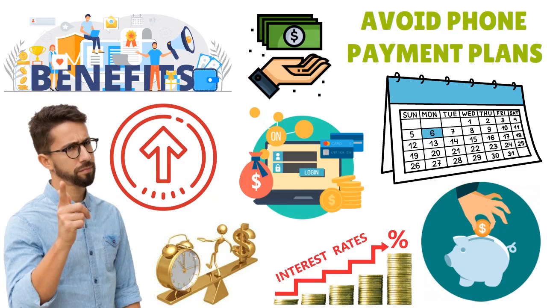When you own your phone outright, you have the flexibility to switch carriers without being tied to a specific network contract. And this flexibility is actually valuable if you want to explore different service providers based on your changing needs or location. Just make sure that while avoiding phone payment plans has its advantages, it may not be the best option for everyone.